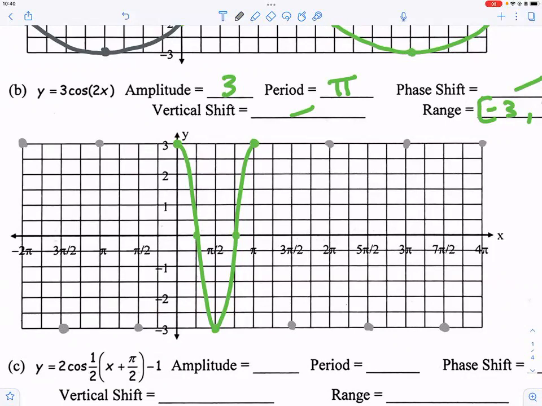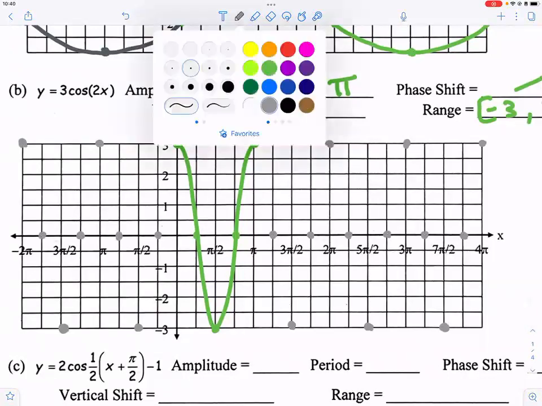Got all the lowest points plotted here. And then what about the midpoint? You can see that it's every 2 squares. So we're going to make a lot of waves right here.